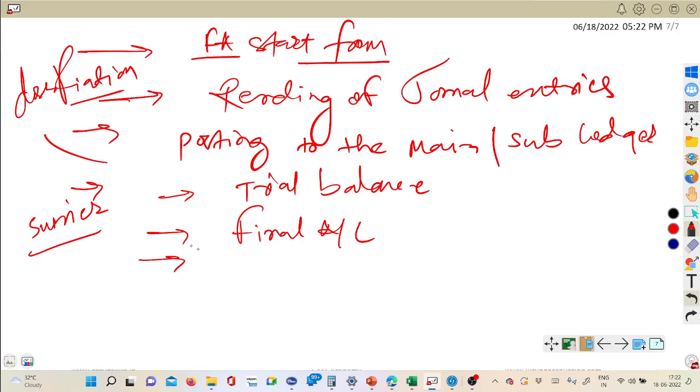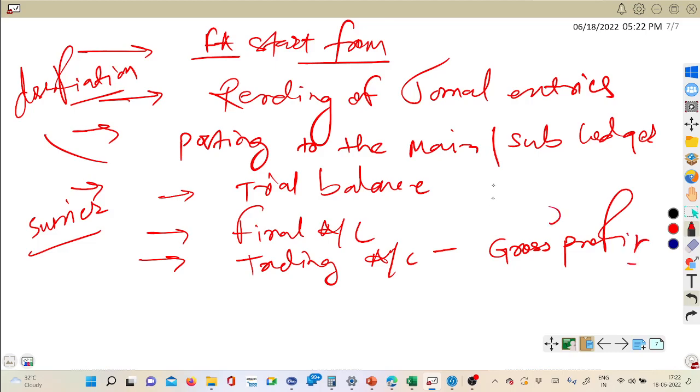Final accounting, which starts from trading, which gives us the gross profit. So where you can record all the buy and sell trades and all the trading accruals.